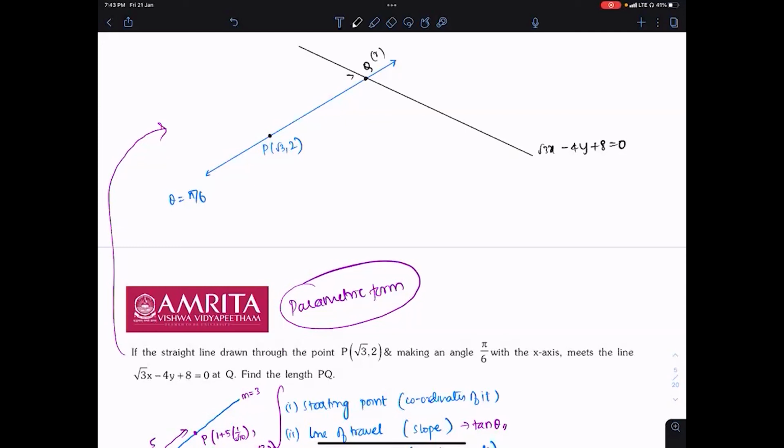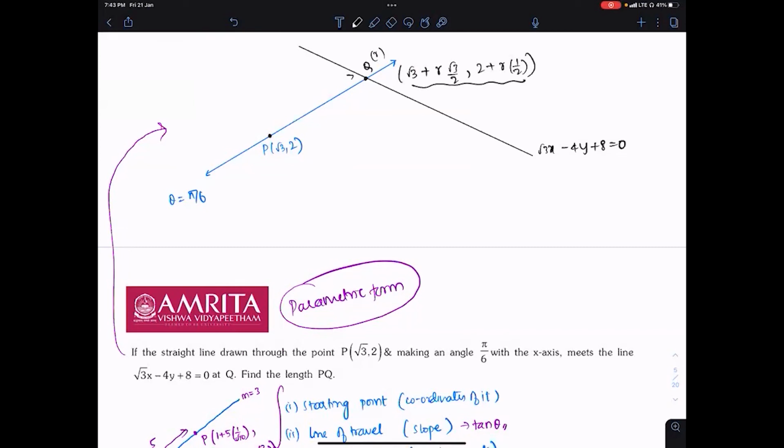If the displacement of Q from P is r, then what will be the coordinates of Q? x1 plus r cos theta, cos pi by 6. What is cos pi by 6? Root 3 by 2. Comma, y1 plus r sin theta, sin pi by 6, which is 1 by 2. Correct? This we are saying will be the coordinates of Q.